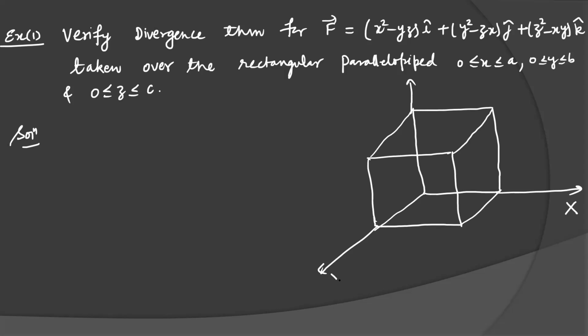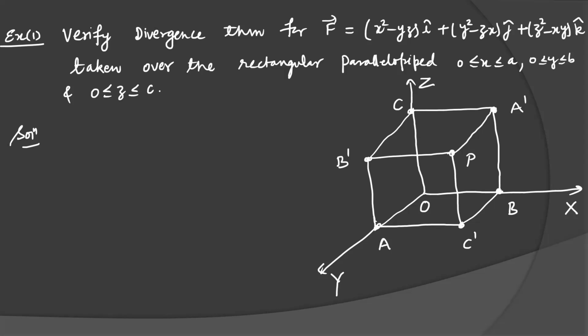This is x-axis, this is y-axis, this is z-axis, and this is origin O. This is any point P I am taking. This is A coordinate, suppose. This is B coordinate. This is C coordinate. This coordinate I am taking as B dash, this as A dash, and this as C dash.